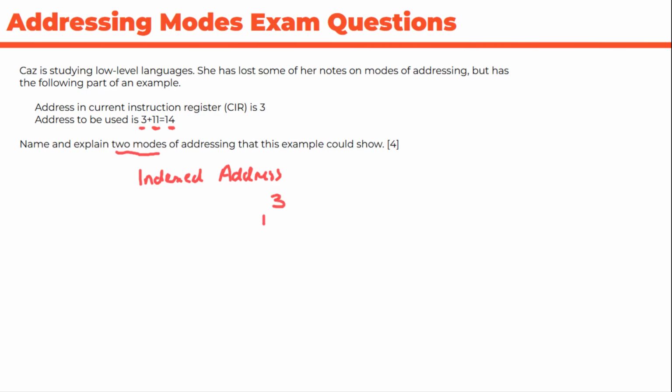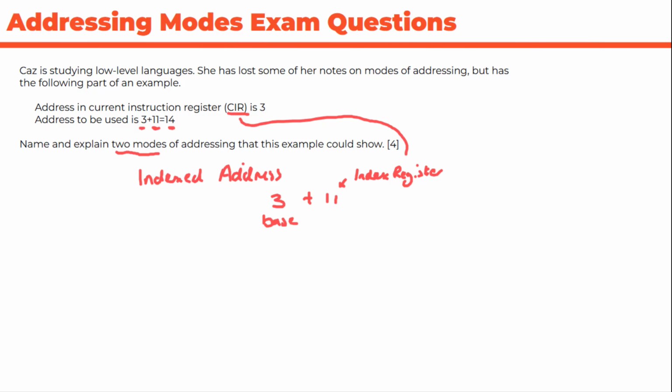So I would say 3 is the base, adds 11 to it, and this comes from an indexed register. Because the CIR is involved, the index register provides that number and the addition gets performed. I remember what indexed addressing is good for. It's good for arrays, isn't it?